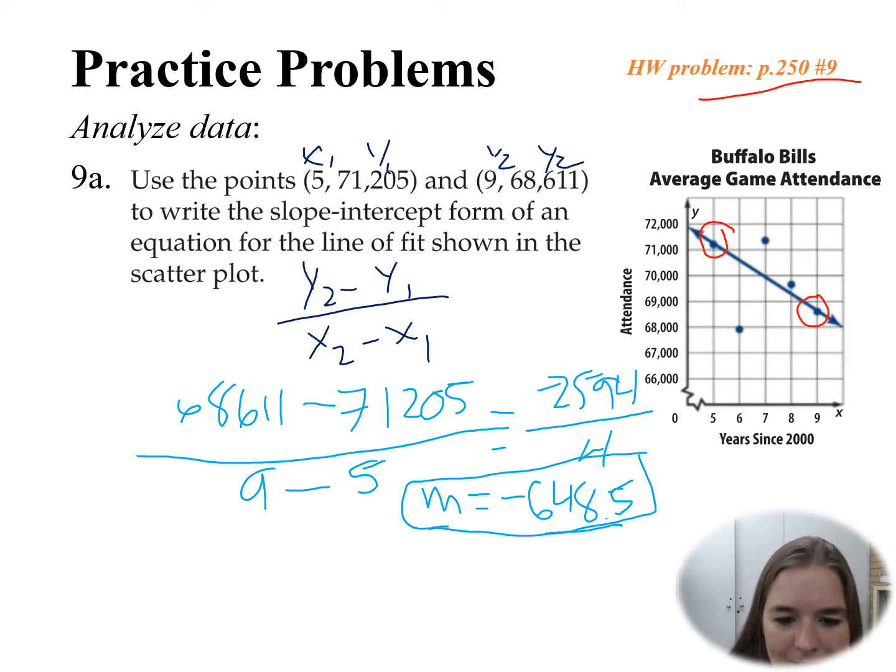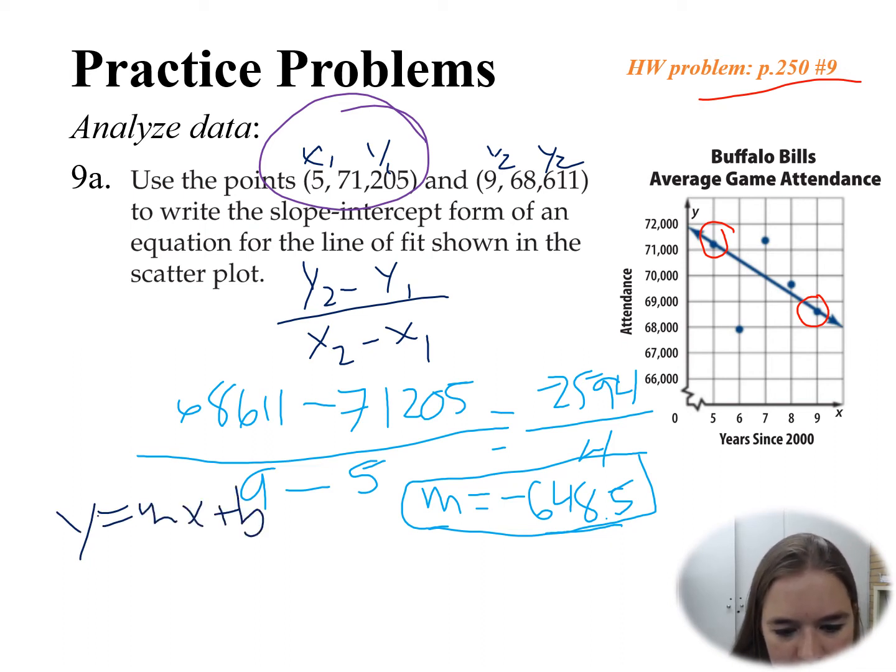But now let's go back. I want to figure out where it's going to intersect the y-axis. I need to find that starting value. So I'm going to take my slope and 1 point, and I'll just use the first one here, to figure out the b value. Let's use the same colors here. I'm thinking about y equals mx plus b.